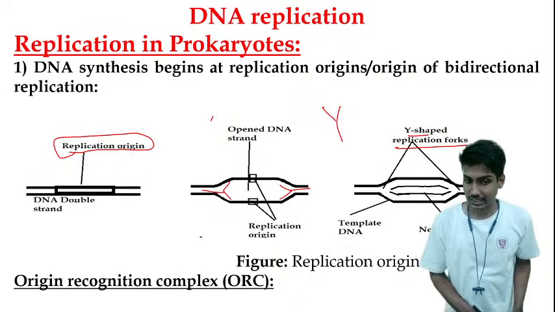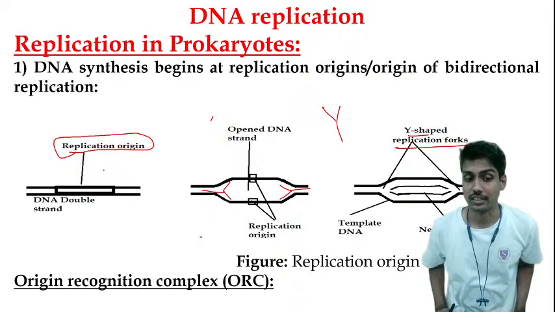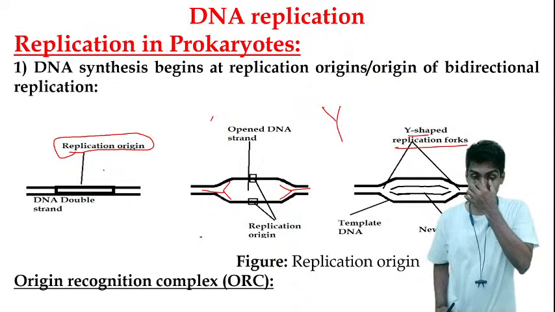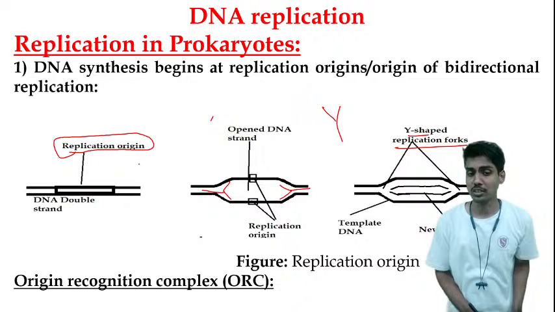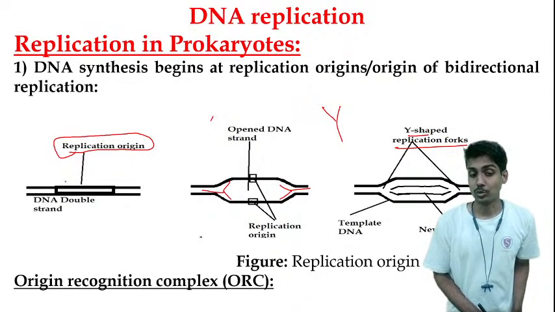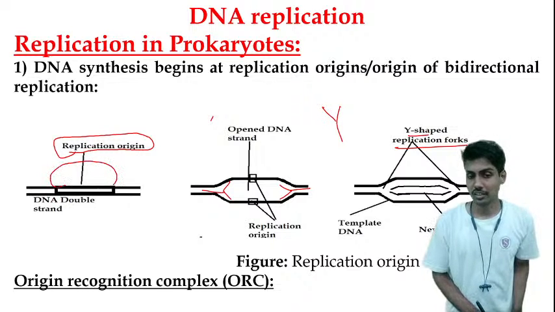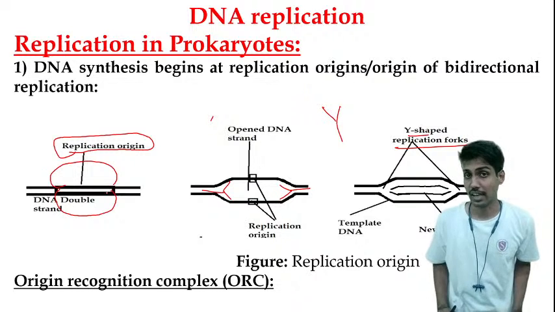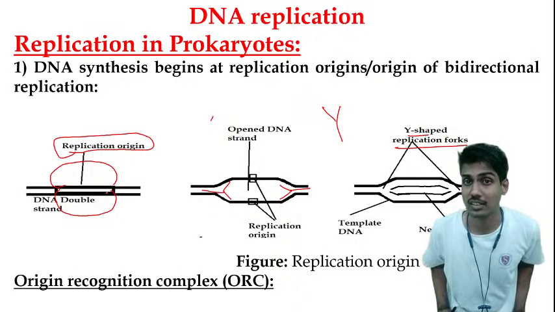On the replication origin site there is the origin recognition complex, the ORC, and other proteins helpful for this entire replication will sit here. The machinery which synthesizes the DNA will sit here first. This acts as a launching pad.